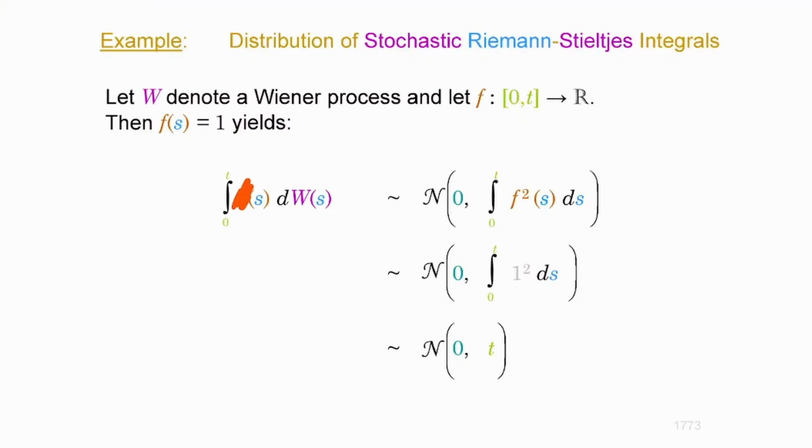So if you have just the increments of the Wiener process, this is just going to be the variance. We saw already that that was equal to the Wiener process at time point t. And the variance of that is going to be just t, okay? So that's not a surprise at all, but I was applying it with this formula.